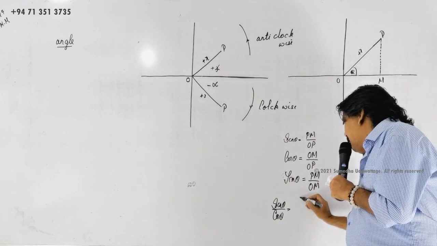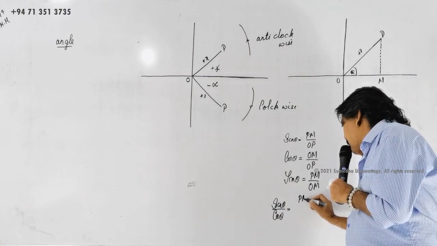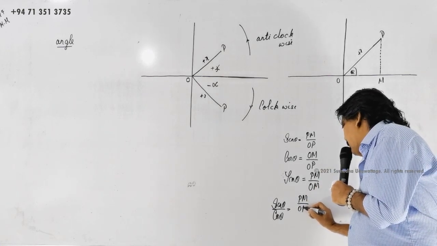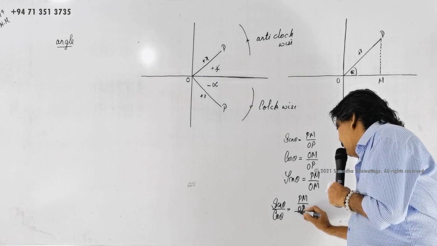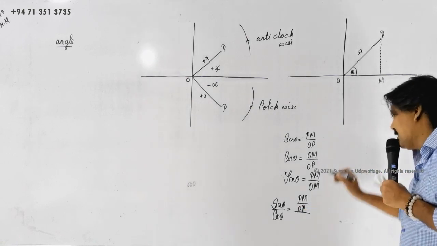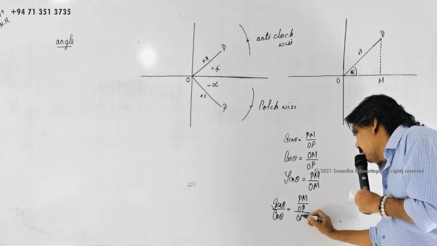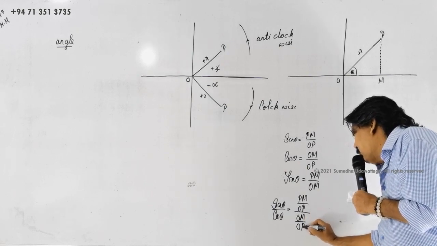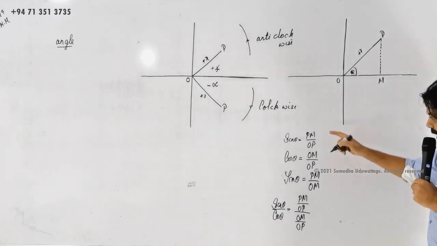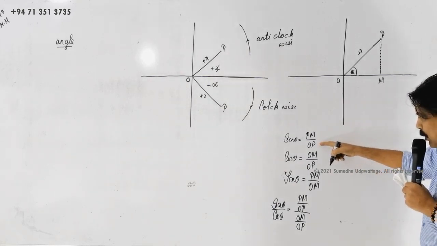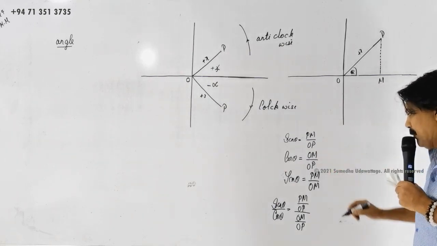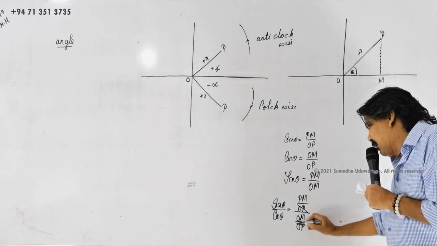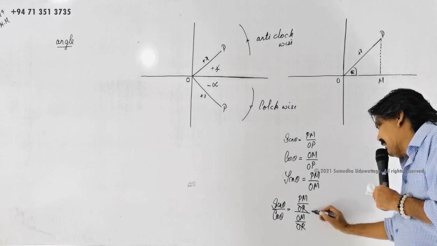Sin theta is PM over OP, cos theta is OM over OP. The OP in the numerator and the OP in the denominator get cancelled.